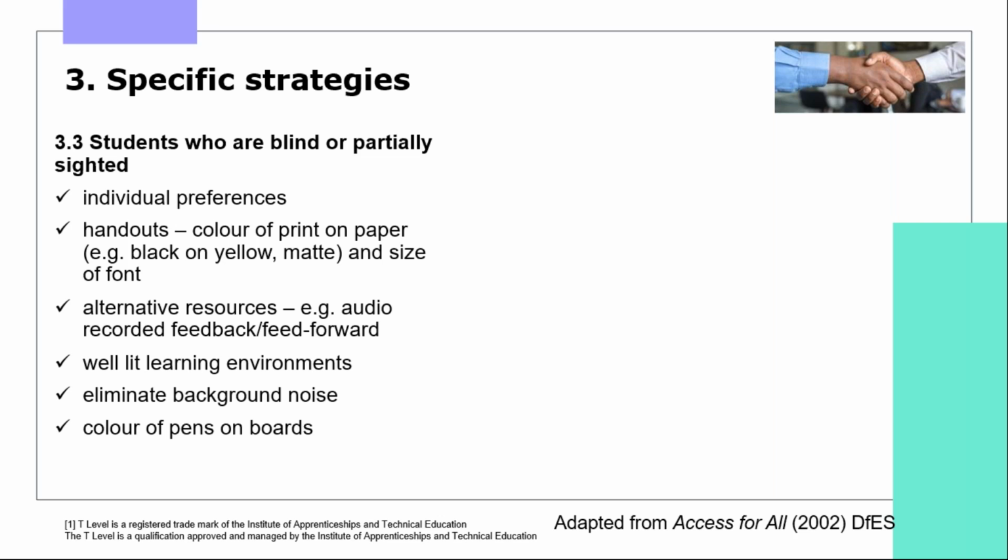But little things like if you've got a student who has a guide dog, a support dog with them, of course, you've got a different set of situations about how you manage that as well, and how you work with the student themselves to find out what those individual preferences are and make sure that as much as you can, you meet them. And something as small as eliminating background noise and which colour of pen you use on a board or on a flip chart can make a massive difference.